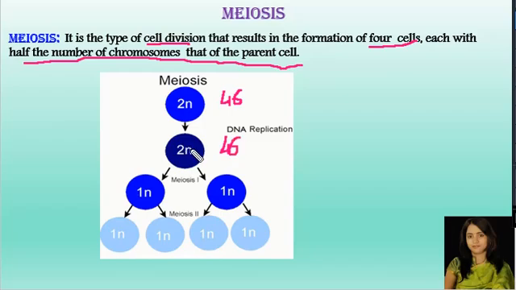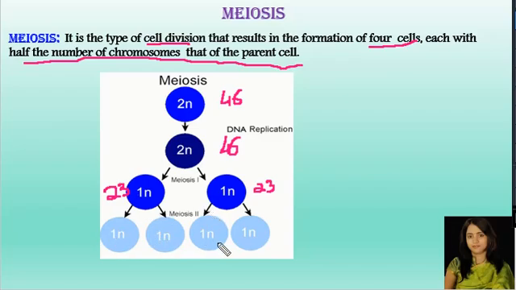Now this cell undergoes the reductional division, that is meiosis. After the first meiotic division, two haploid cells are formed. Both the cells consist of 23 chromosomes. It means the chromosome number is reduced to half. Here it is 46 chromosomes and it is reduced to half. So both the daughter cells receive 23 chromosomes. Now both the cells undergo the second meiotic division, which is again an equational division like that of mitosis.